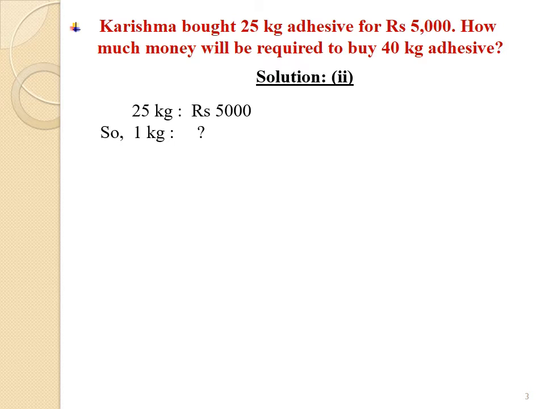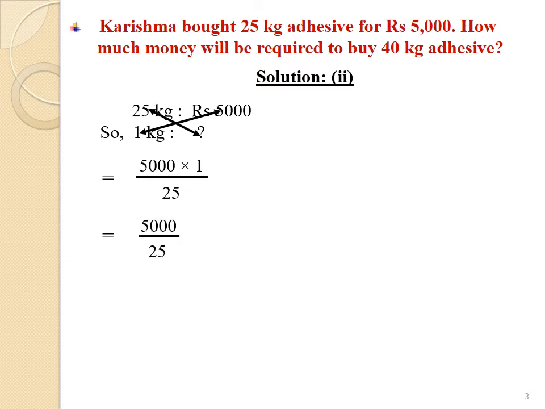Now by cross multiplying, we get 5,000 multiplied by 1 by 25. Now multiplying 5,000 by 1 and keeping the denominator 25 as it is, we get 5,000 by 25.